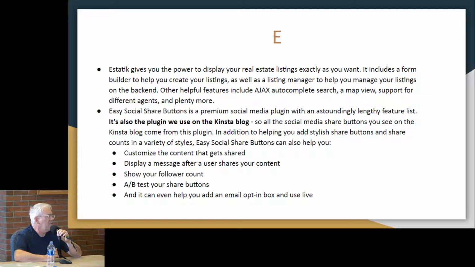So obviously Estatik is something for real estate listings because it's going to add a lot of the fields that you need in it already, particularly like the map view and the different agents that are associated with that property. So the real estate people in the audience here would certainly love that.